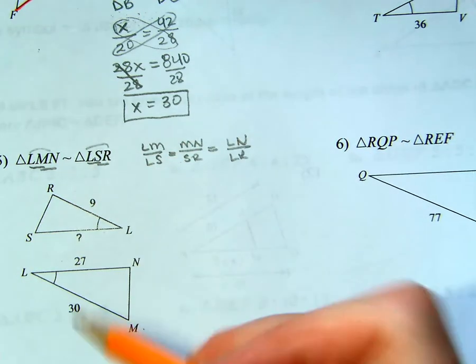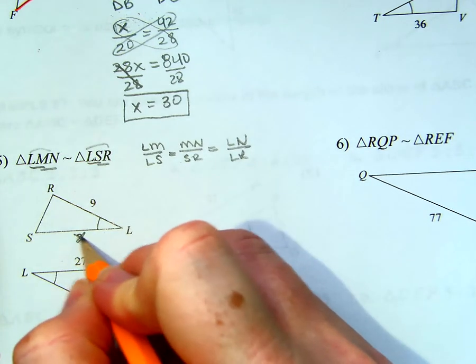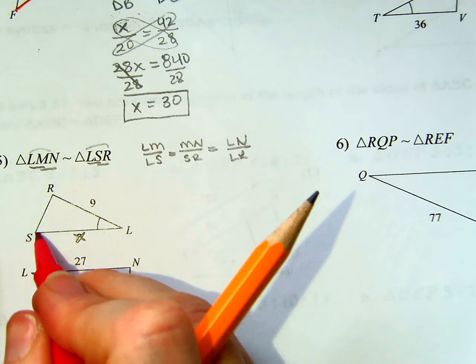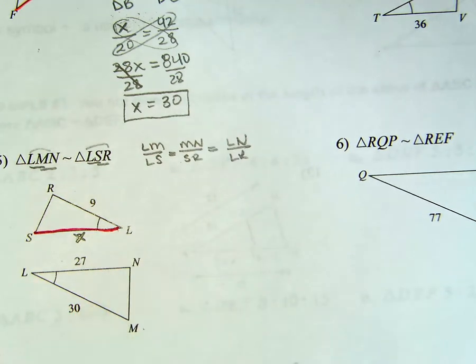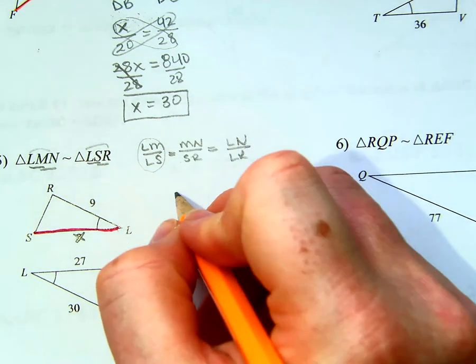Okay, then I need to figure out what I'm looking for. That will help me pick one of these. So let's say LS, I'm going to name that question mark X. So here's my proportion with LS. So I know I'm going to use that one.